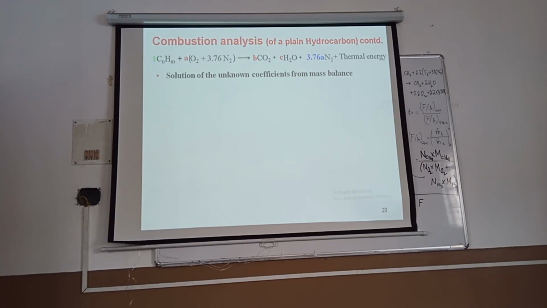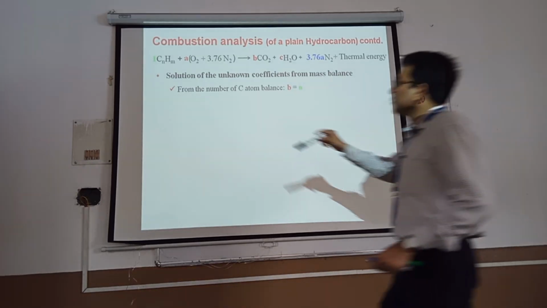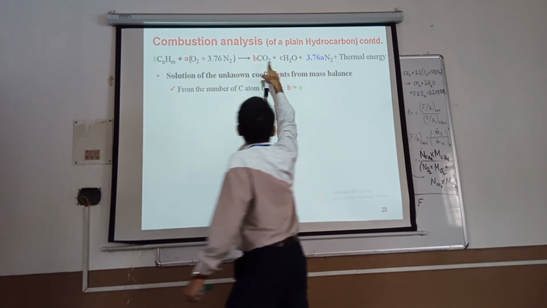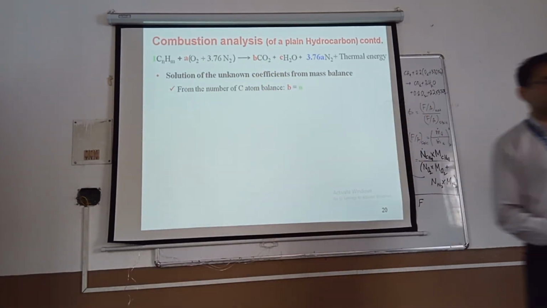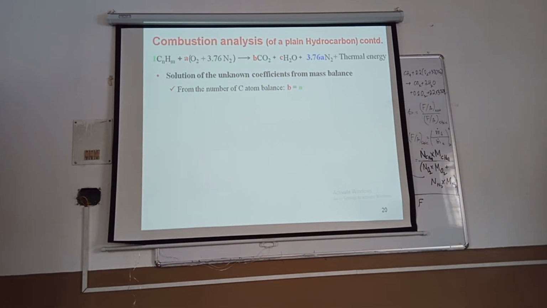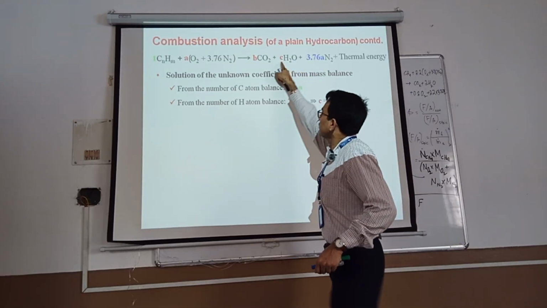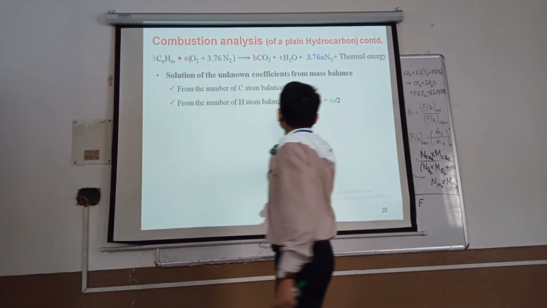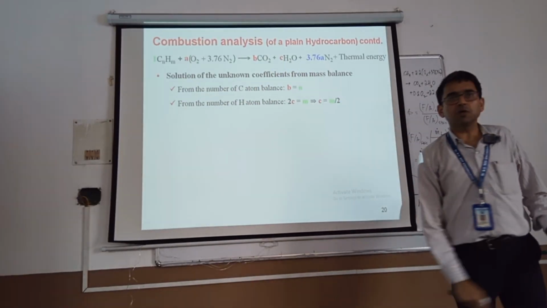Next again I write this. Solution of the unknown coefficients. So carbon balance. If I do carbon balance, then b is equal to n. Simply b is equal to n, because it is n here, so b will be n. Next, from the number of hydrogen atom balance, 2c is equal to m, therefore c is equal to m by 2.